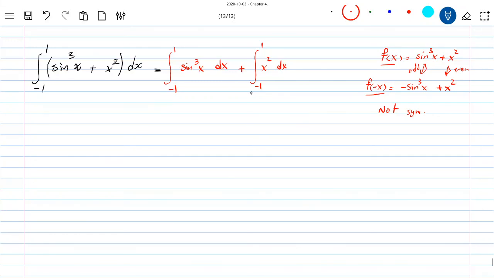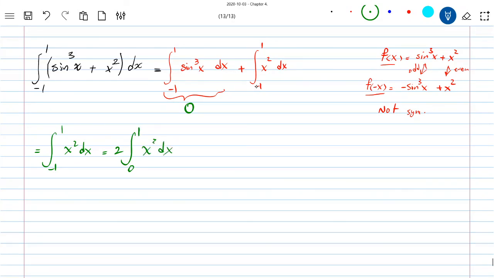Because I can use the properties of the integral and break it up. What do I know? I know this is an odd function, so the integral of that simply would be 0. So now I don't need to deal with this term. What I just need to calculate is the integral from -1 to 1 of x squared dx. And since it's an even function, it's the same as 2 times the integral from 0 to 1 of x squared dx.